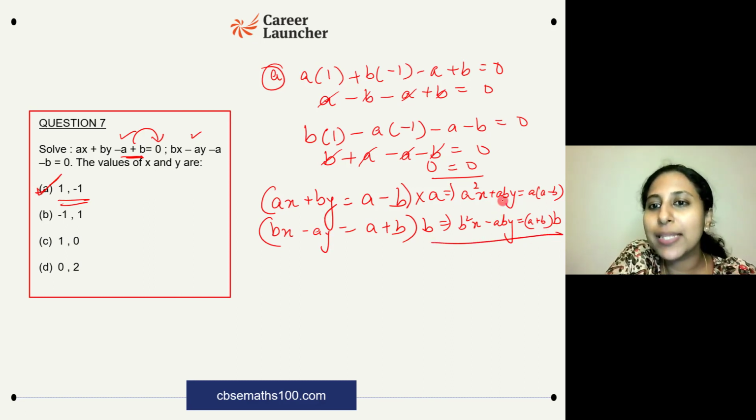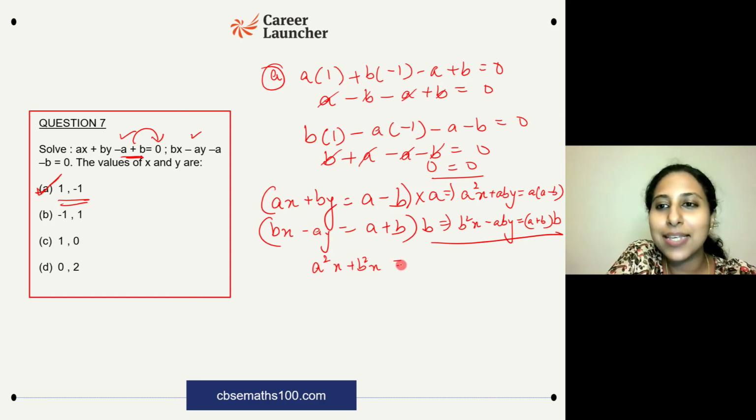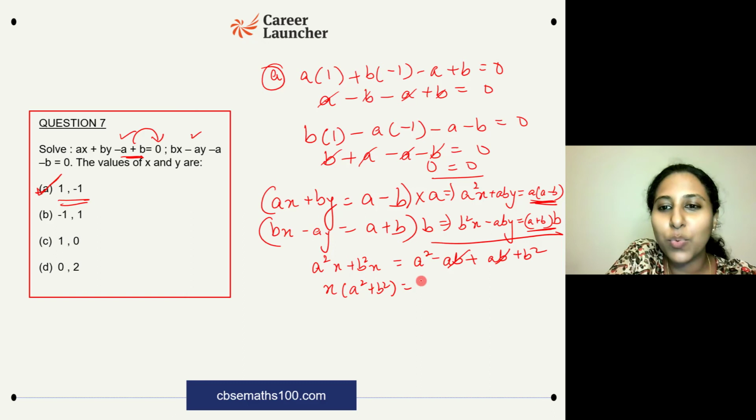Now, let's add both the equations. When you're adding both, you have a square x plus b square x is equal to, let's see, this one would be a square minus ab, and when we add the second one, we get ab plus b square. Here, minus ab gets cancelled. You get x times a square plus b square is equal to a square plus b square.